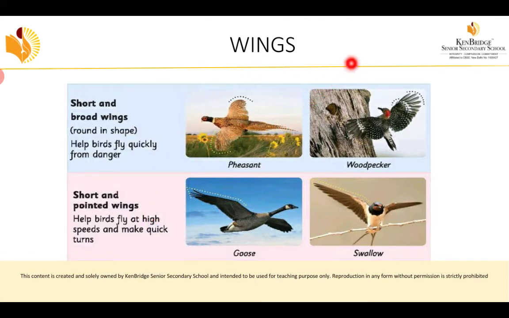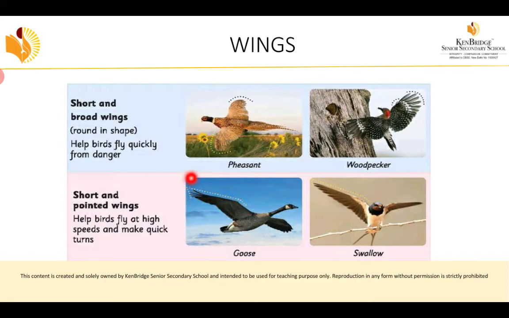The examples are woodpecker and pheasant. These two birds have short and broad wings, so it helps them to fly quickly from danger. The next we have short and pointed wings. See the pointed wings. Here also it is short, but here we have pointed wings.